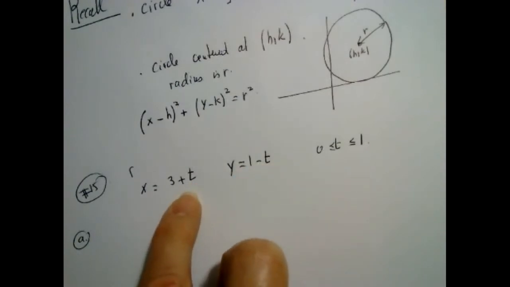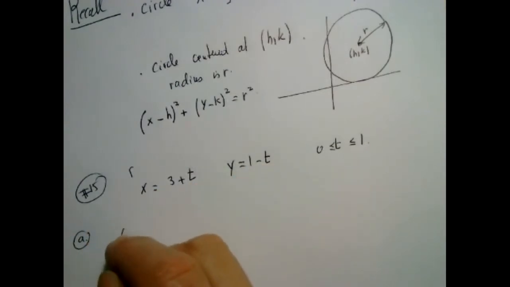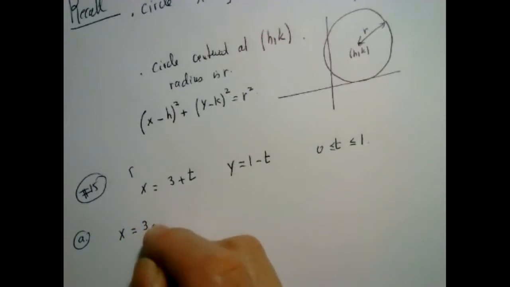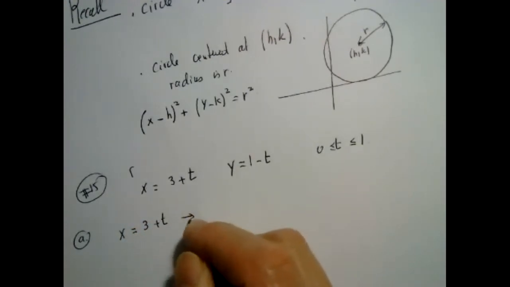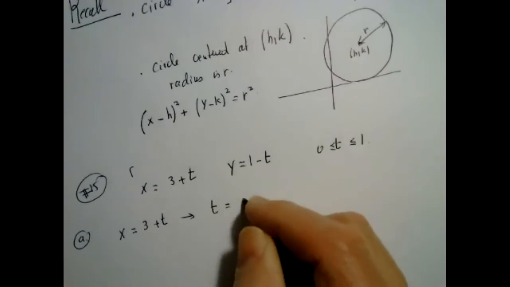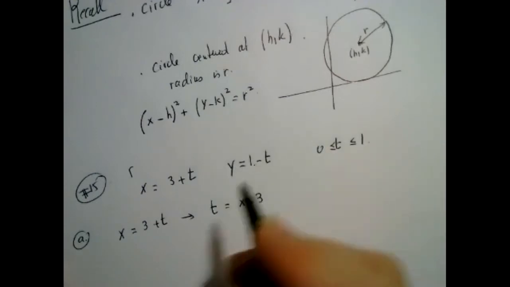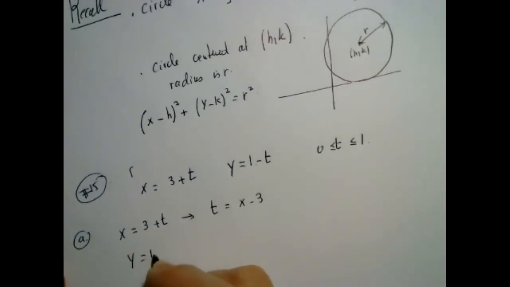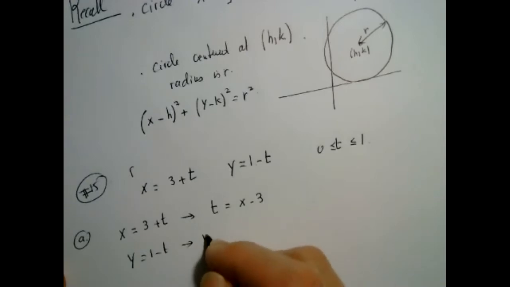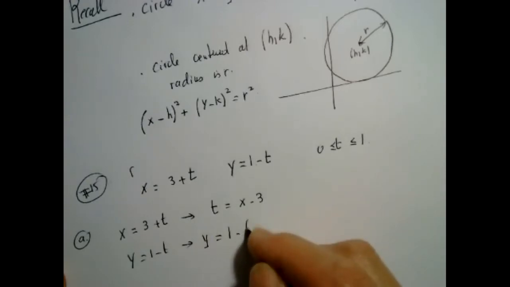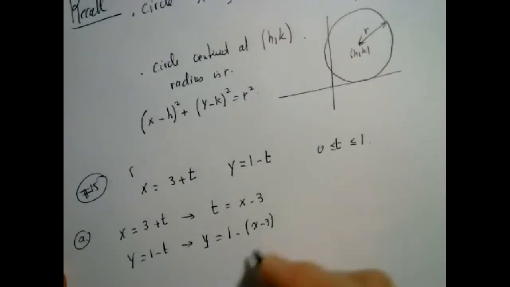Suppose I take the first one: x equals 3 plus t, which means t equals x minus 3. I'm trying to find the relation between x and y independent of t, so I plug it into the expression of y: y equals 1 minus (x minus 3). It means y equals minus x plus 1 plus 3.